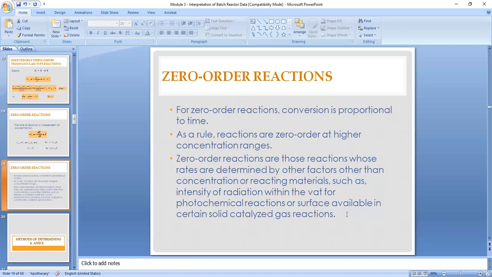Now, in the case of reactions wherein you have solids, you have catalysts, so the surface available in certain solid catalyzed gas reactions, the rate of reaction then will be dependent on this available surface of the solids acting as a catalyst for the solid systems. Okay, so that's in the case of the zero order reaction.